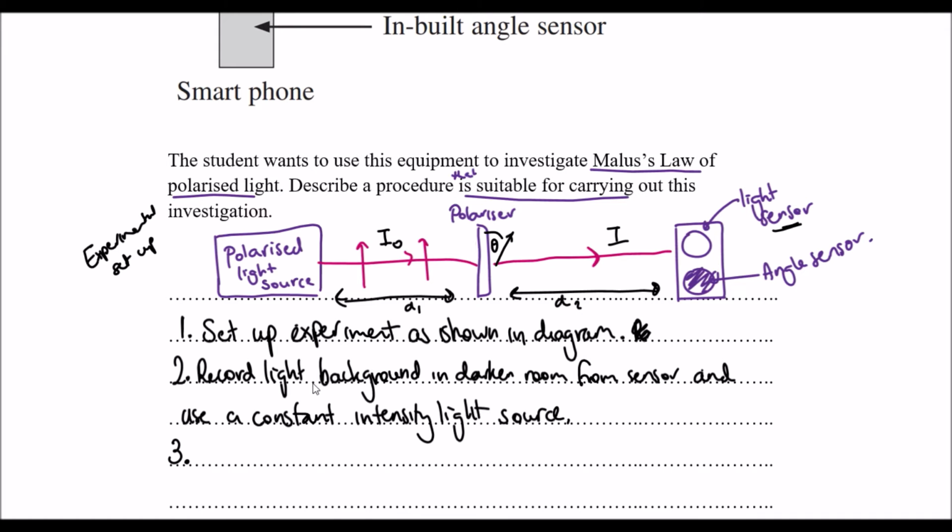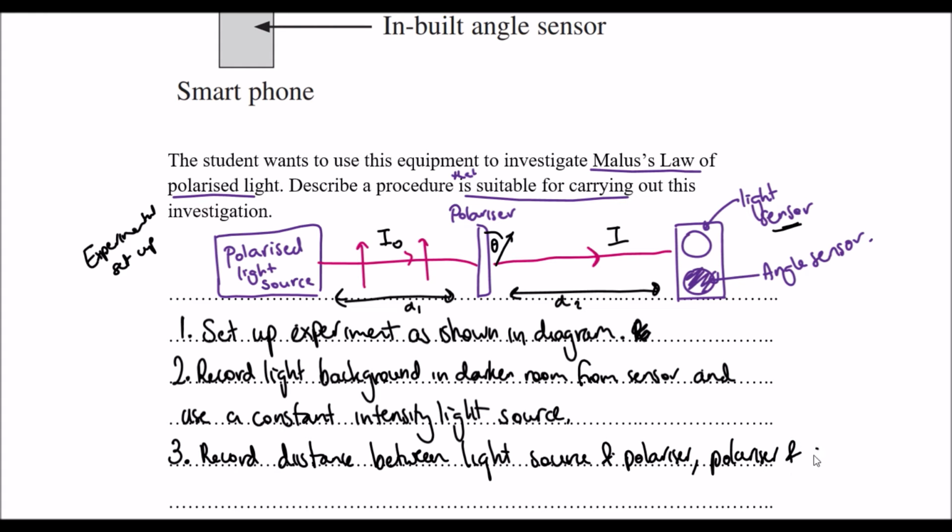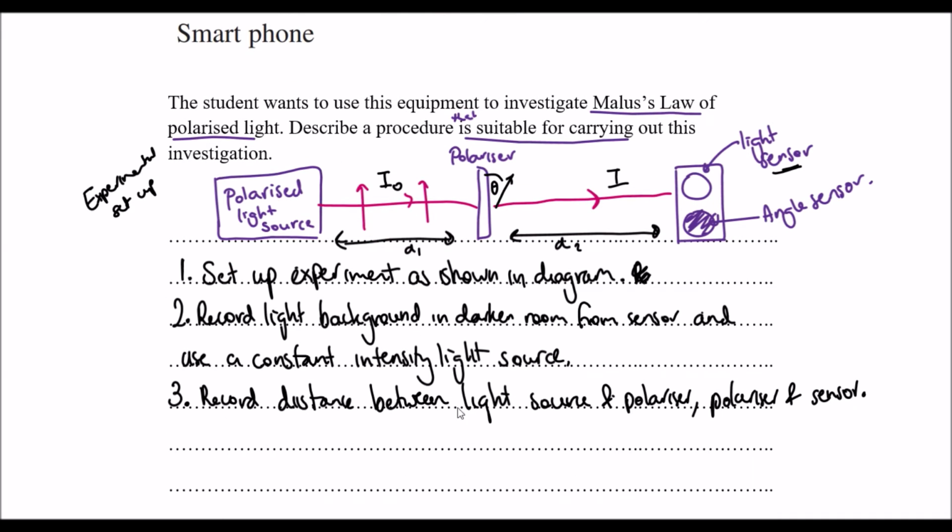So record the distance between the light source and the polarizer, and also the polarizer and the sensor itself. Once you've done that, rotate the polarizer until you get the maximum intensity.